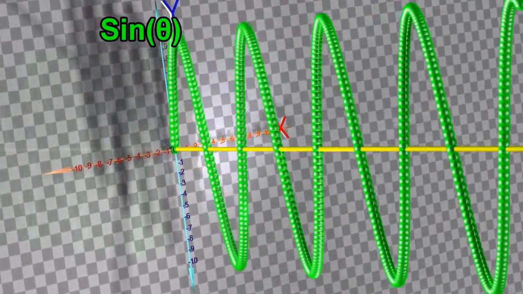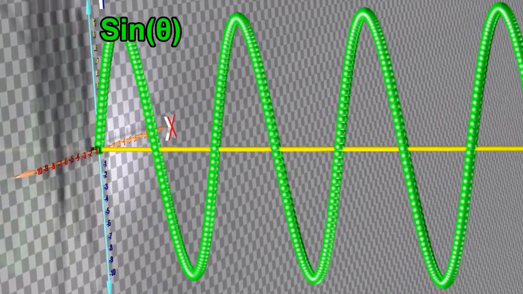This two-dimensional pattern is what we refer to as a sine wave.